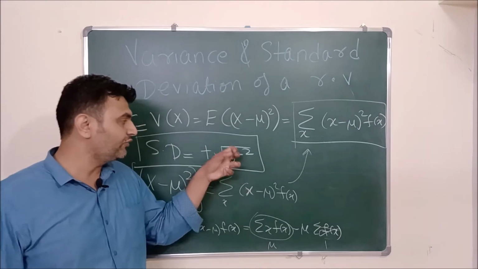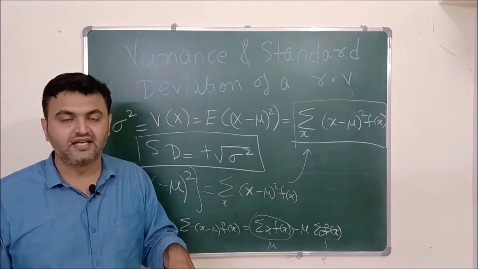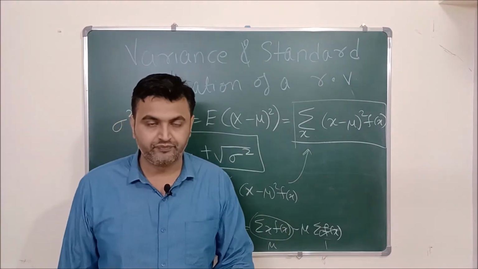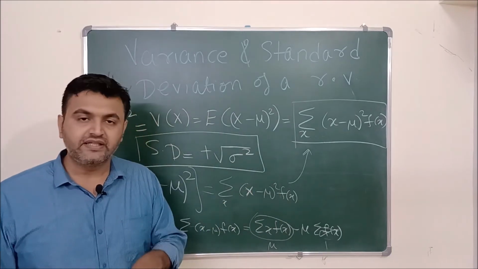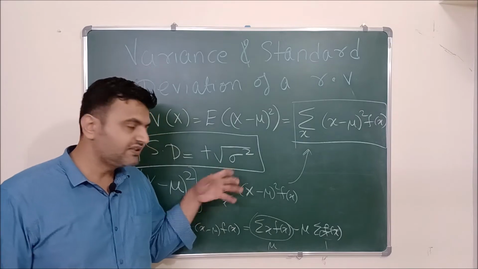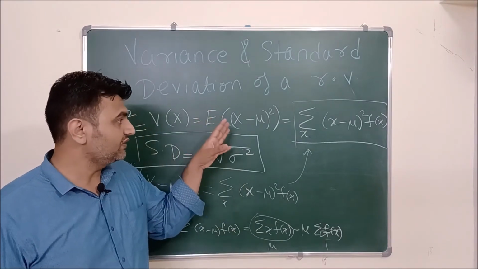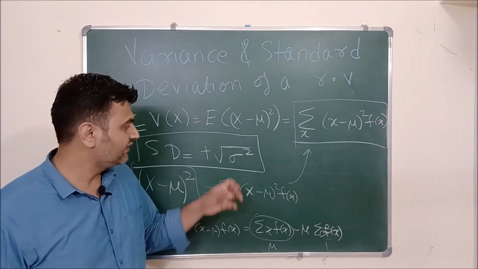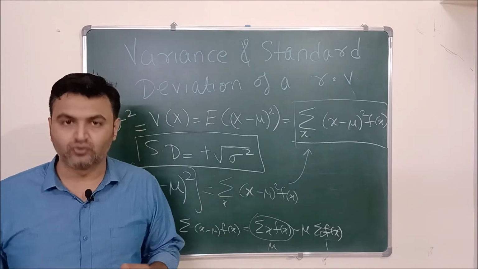But then further you take the square root of variance, so that will again be a smaller number. Both standard deviation and variance give us the variability in data, but standard deviation is a smaller number as compared to the variance, and that's why people work with standard deviation more.